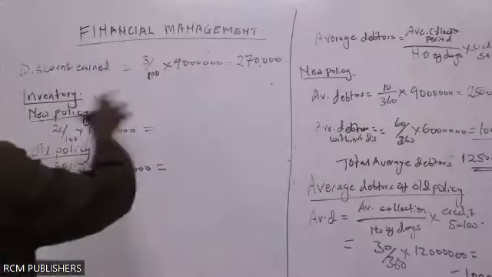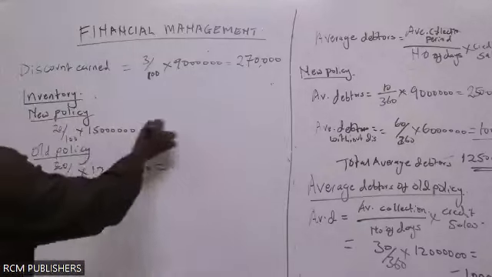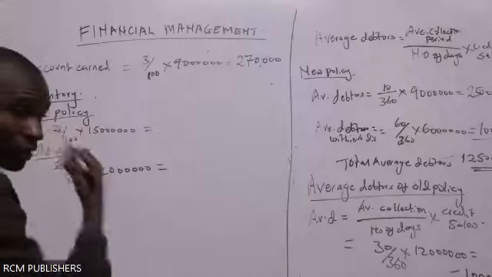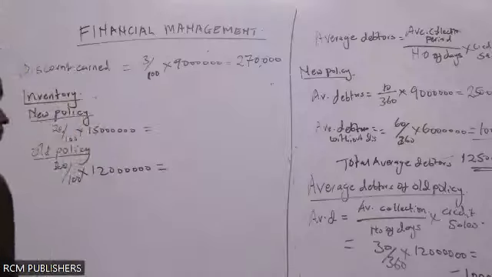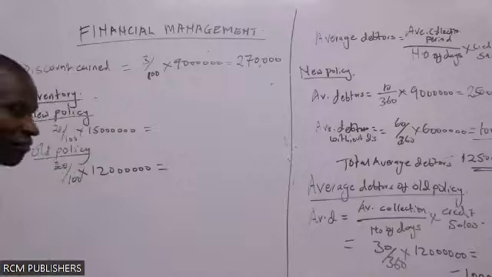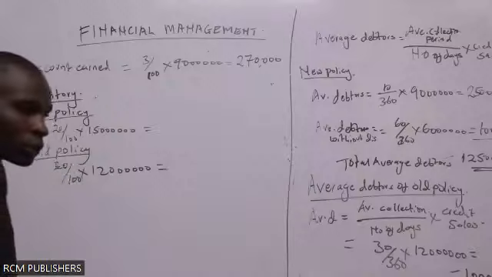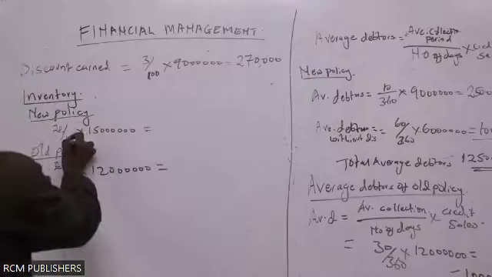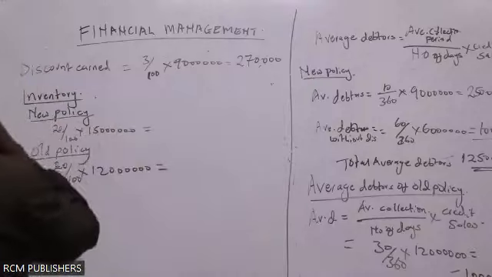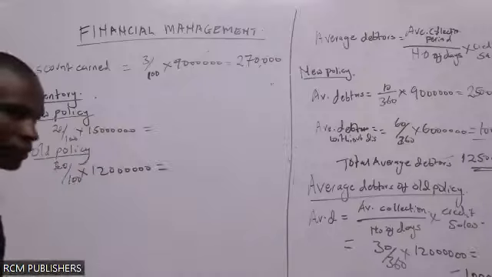So give me this. Itakuwa ngapi? 40% is the variable cost. Tutaitumia kutafuta the variable cost. Tia hii 20. Pata ngapi?